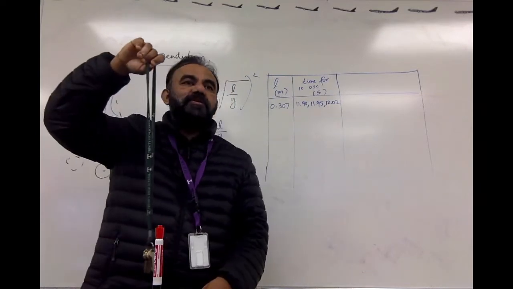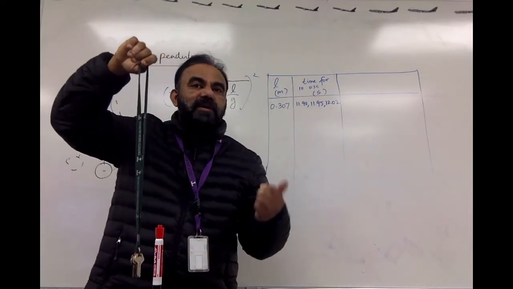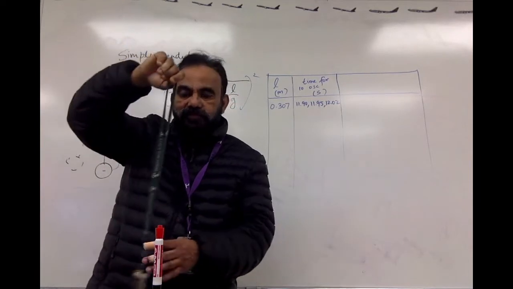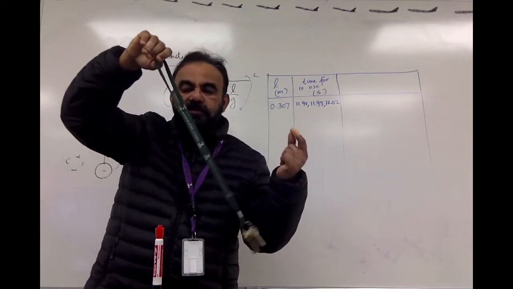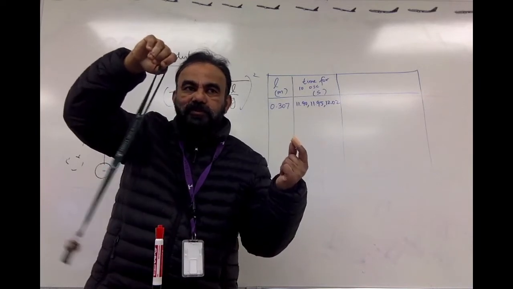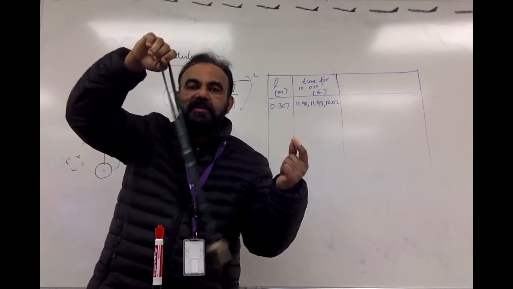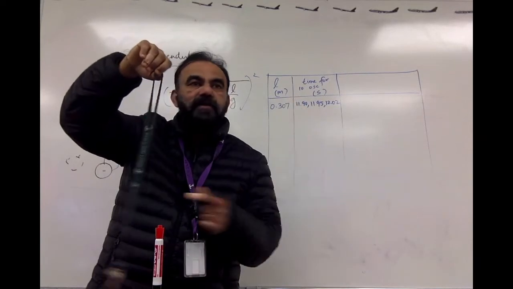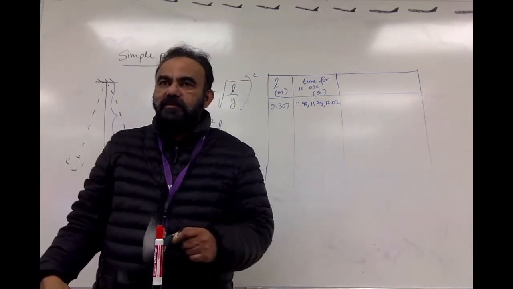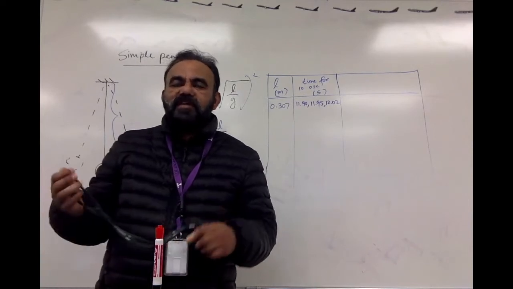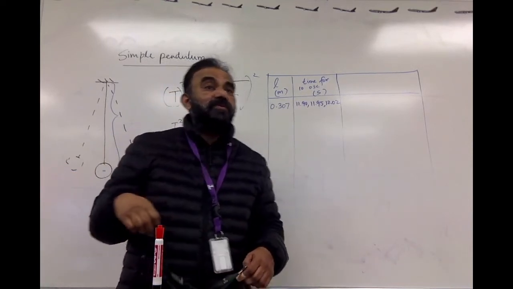So when you start the stopwatch, always call out 0. Then 1, 2, 3, and then 9, and then 10. That's when it actually finishes 10 oscillations. Does it make sense? You always start the stopwatch calling out 0, not 1.